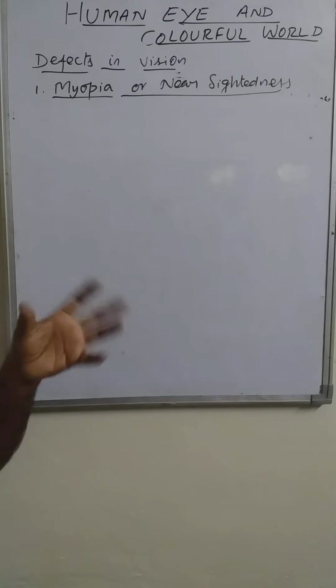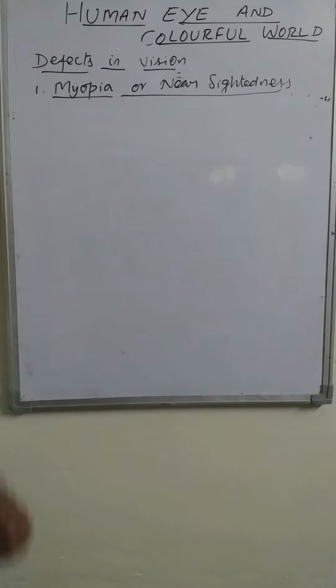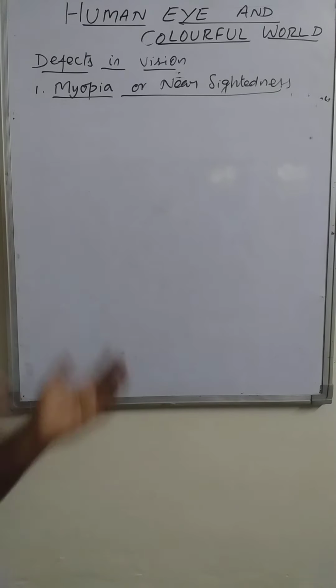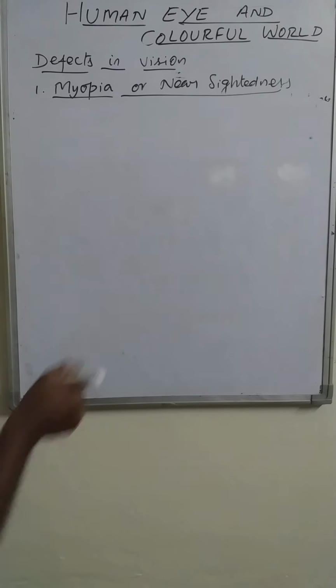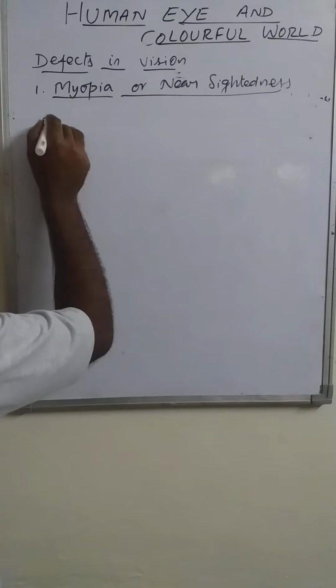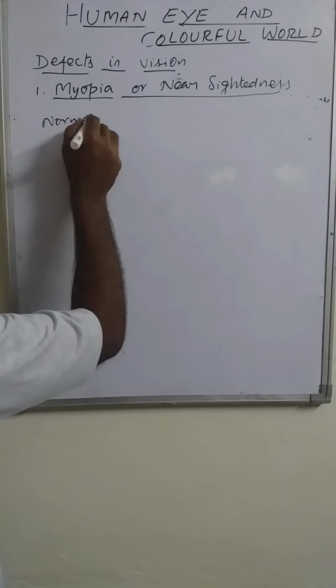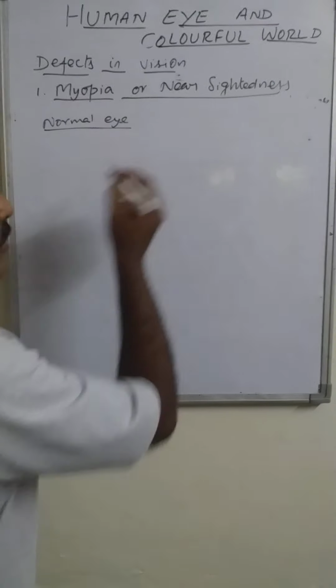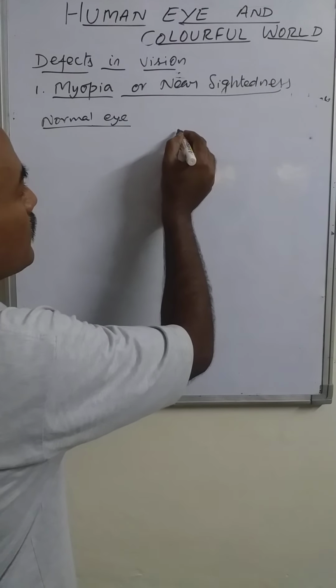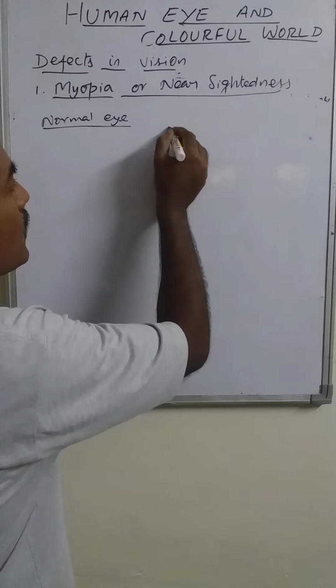What changes take place in the human eye in this defect? For this, we are not going to draw the whole structure of the human eye. Suppose I draw, this is the normal eye. We just draw a circle.